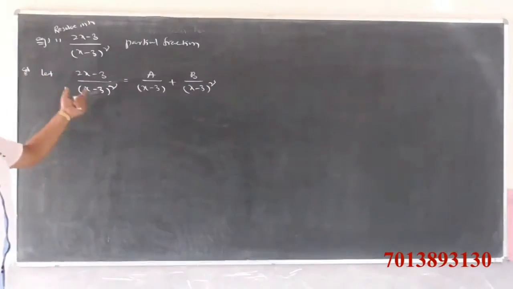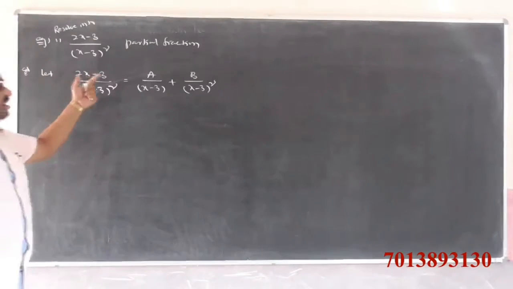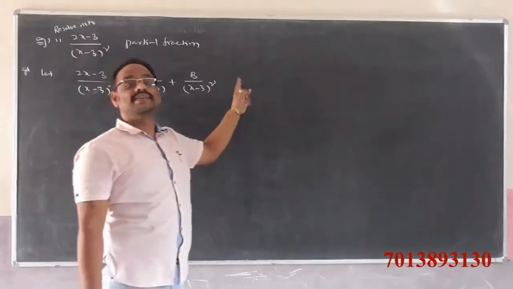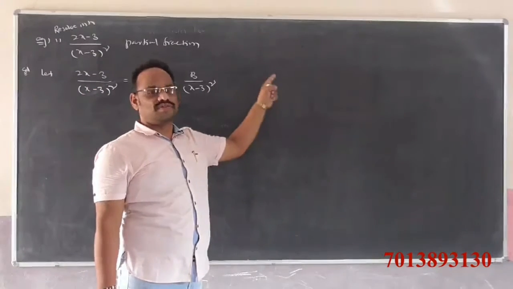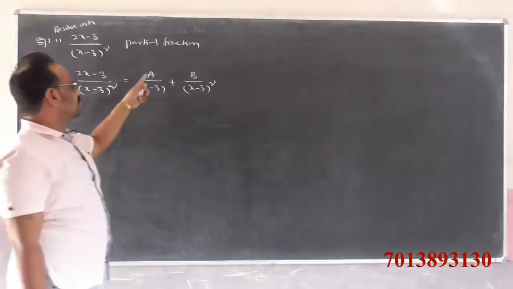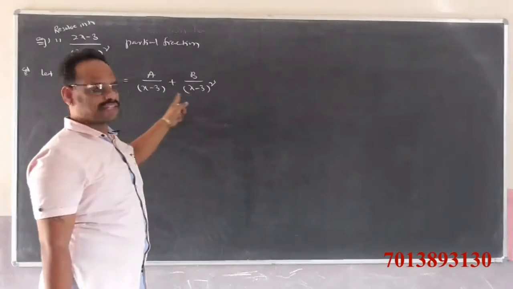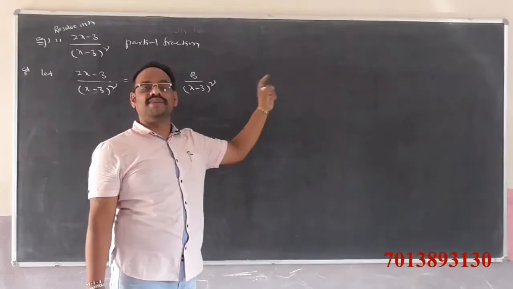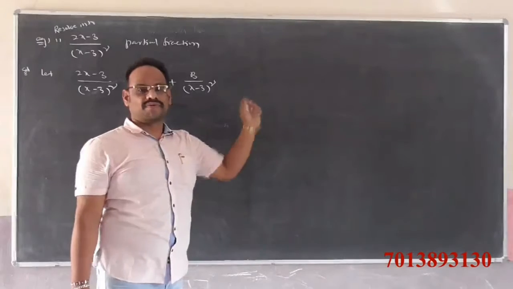If it has (x minus 3) whole cube, A by (x minus 3) plus B by (x minus 3) whole square plus C by (x minus 3) whole cube. If it has (x minus 3) to the power 4, this can be written as A by (x minus 3) plus B by (x minus 3) whole square plus C by (x minus 3) whole cube plus D by (x minus 3) to the power 4.